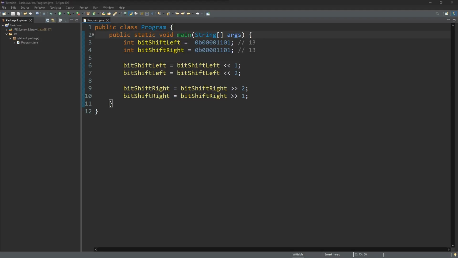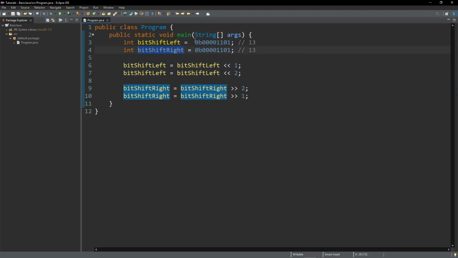Now the final two that I'm going to introduce for binary or bitwise operators are bit shift right and bit shift left. Let's take a look at this code. So we've got bit shift left and bit shift right, and I have them both set to 0000 1101, which is 13.